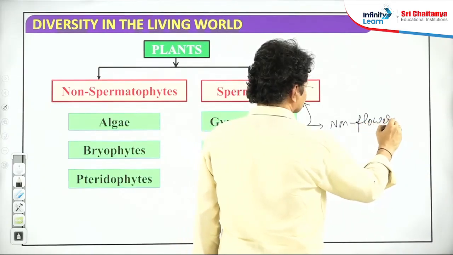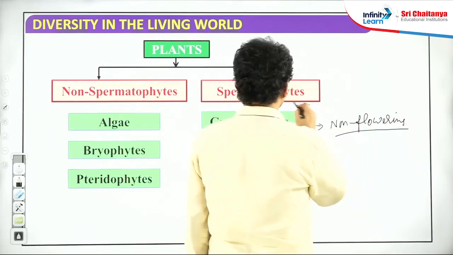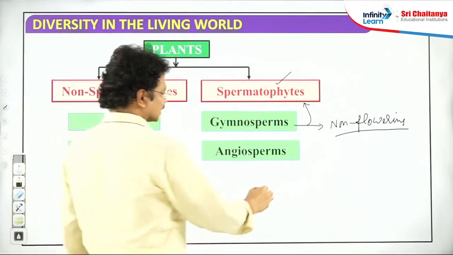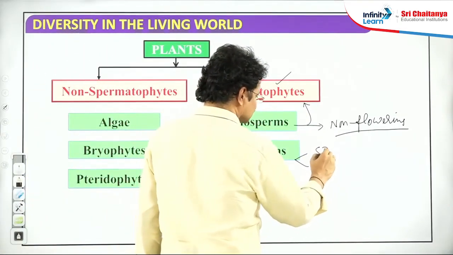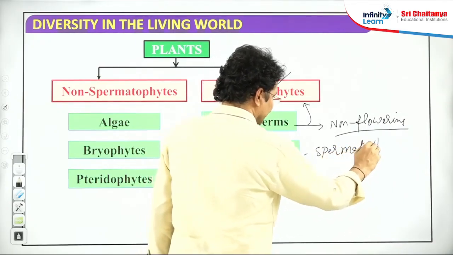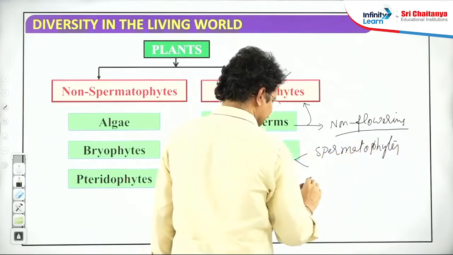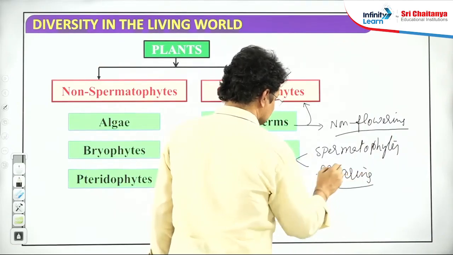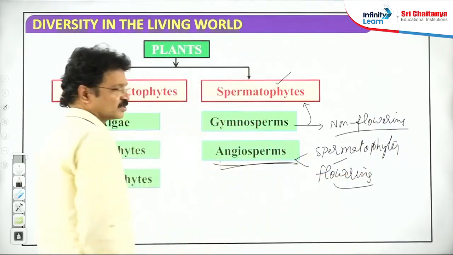Non-flowering plants. There are no flowers, even though such plants are able to produce seeds. But angiosperms are examples for both spermatophytes and flowering plants: seed producing ability and flowering. It is a special character of angiosperms.